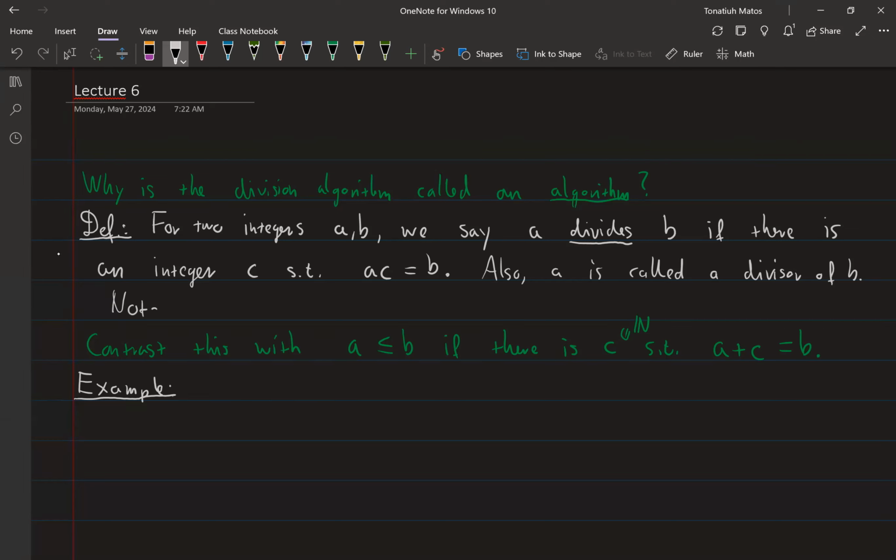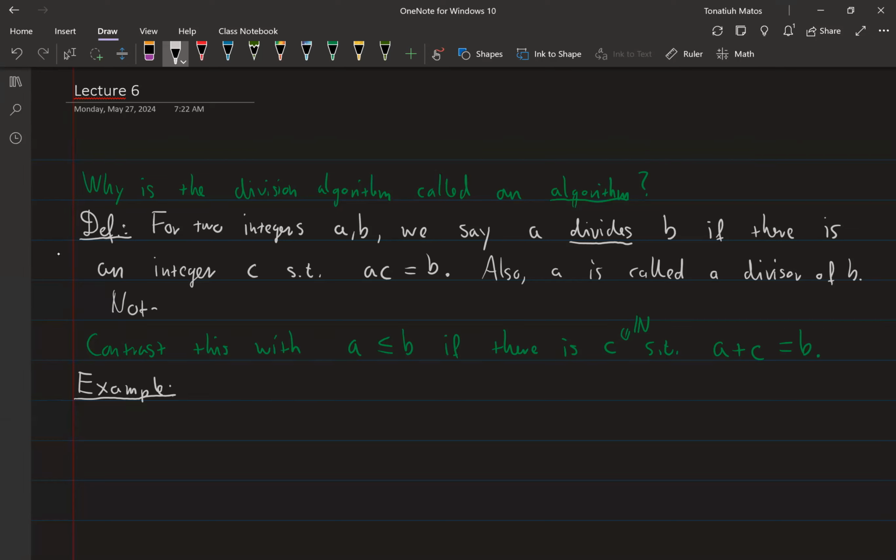So this is a relation between two numbers, between integers, and I want to convince you that this is a type of order as well. It won't be as nice as a line, but it will tell us crucial information as to how the integers are constructed. Not in the abstract construction that I gave earlier, but rather in a more essential way.